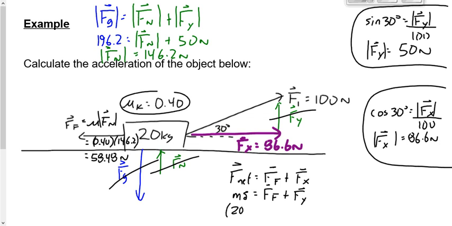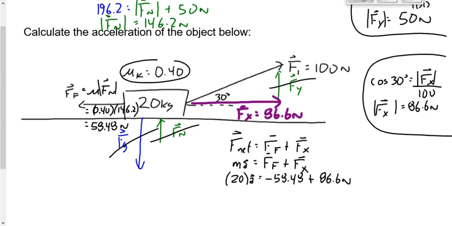We're going to say 20 times a equals negative 58.48 plus 86.6. You add those up on the right-hand side, divide it by 20, and when you do that, I believe you get 1.4 meters per second squared.